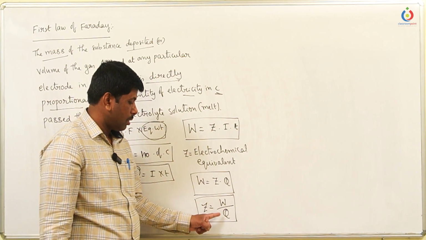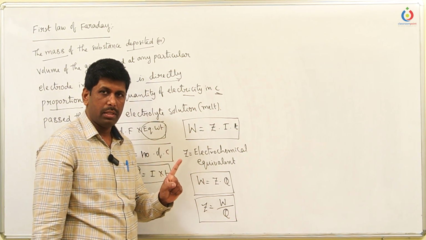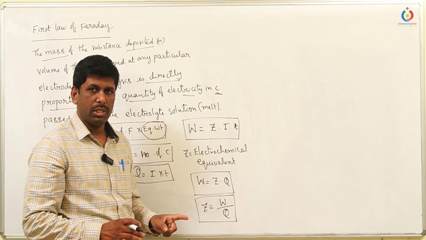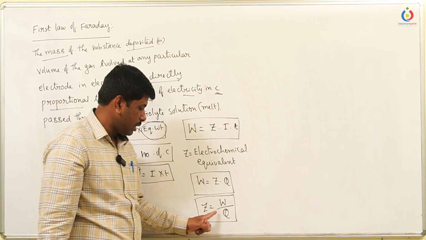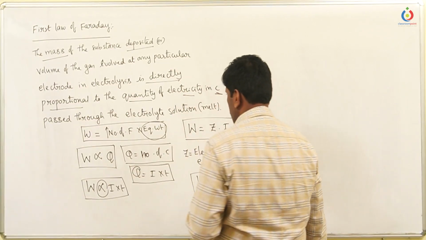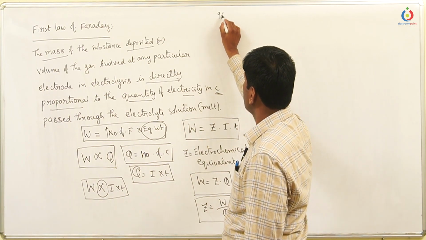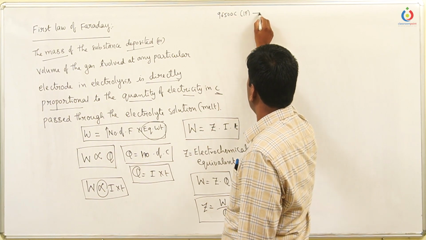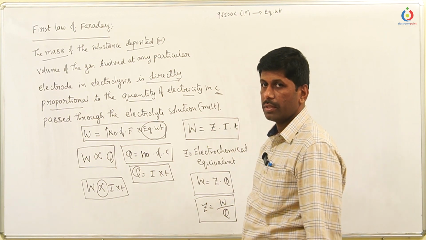Q means the quantity of electricity in coulombs. If we send only 1 coulomb of electricity through the solution, whatever mass of the substance is deposited is equal to the electrochemical equivalent. If you take Q as 1, then Z equals W. There is a little confusion among students here: when you send 96,500 coulombs of electricity, that is called 1 Faraday, and the mass of the substance deposited is known as the equivalent mass of the substance.